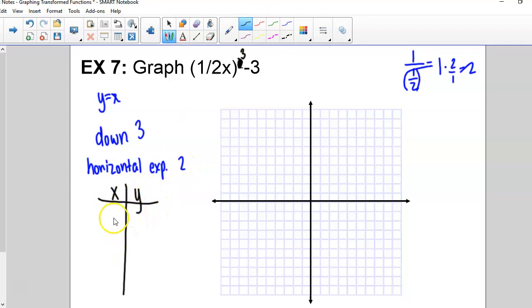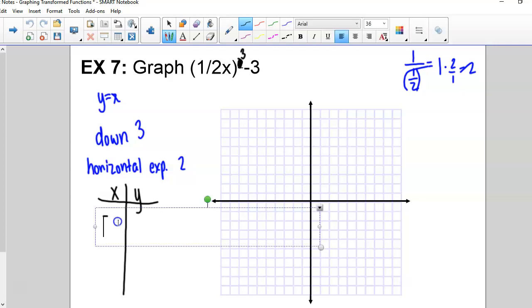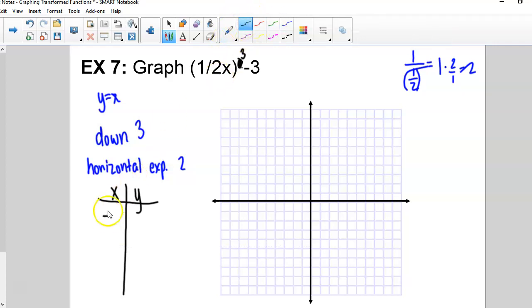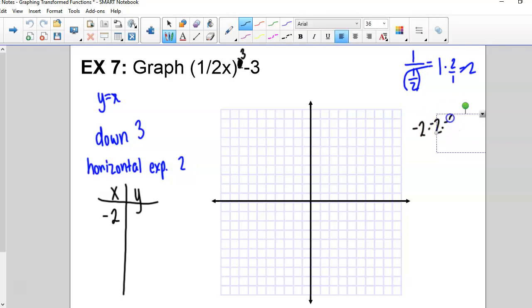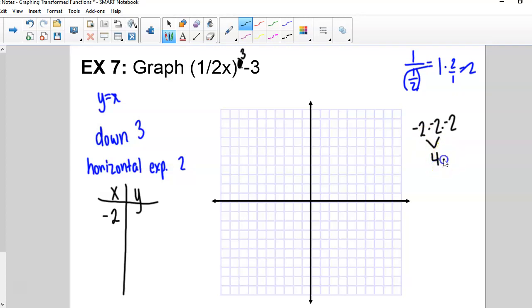I'm going to start at -2 here because 3 cubed is too big to fit on the graph. What is -2 cubed? Is it 8? It is -8, because that's -2 times -2 times -2. And so -2 times -2 is +4, times -2, so we would get -8.